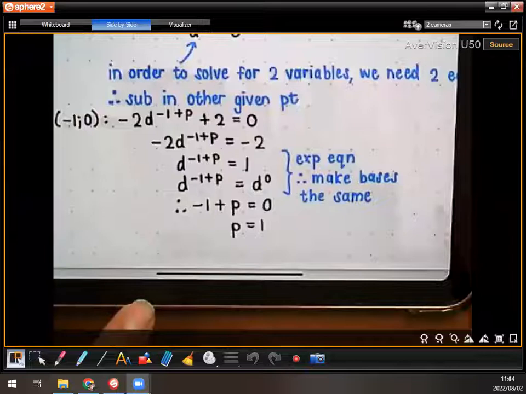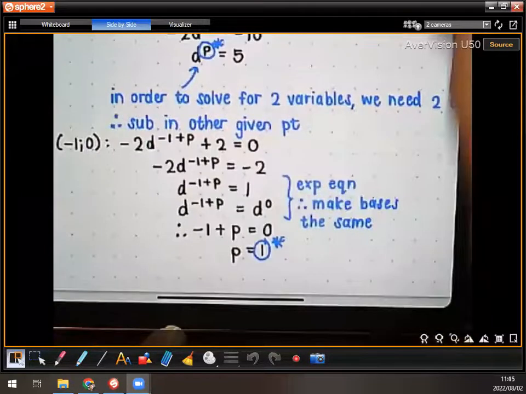Okay, so p, what does that mean with -1? If I move it, +1, hey. So p is going to be 1.